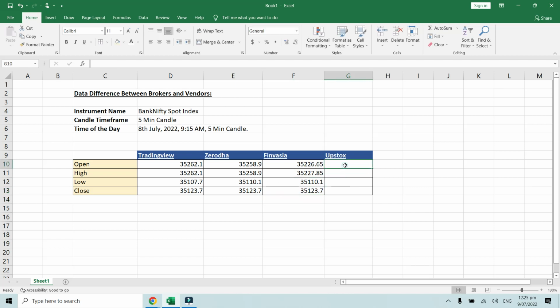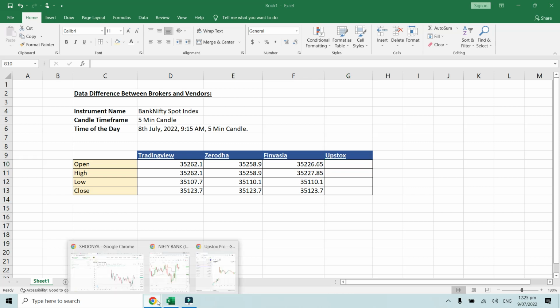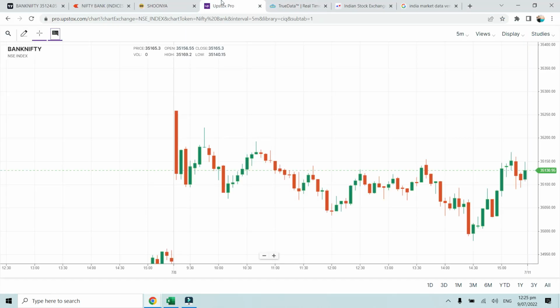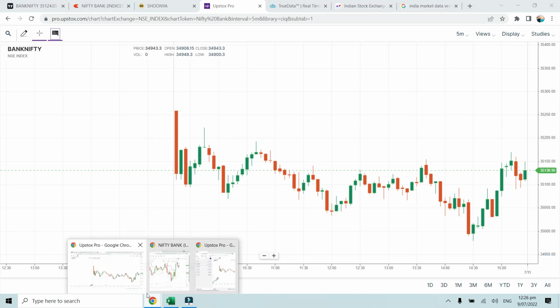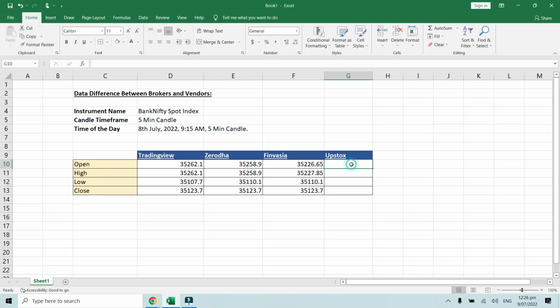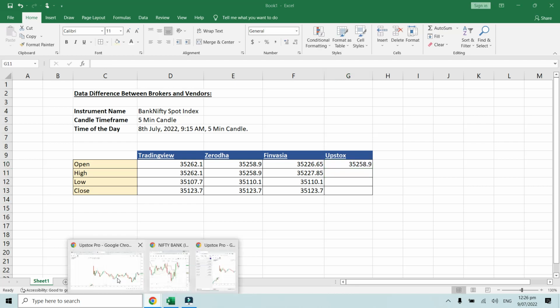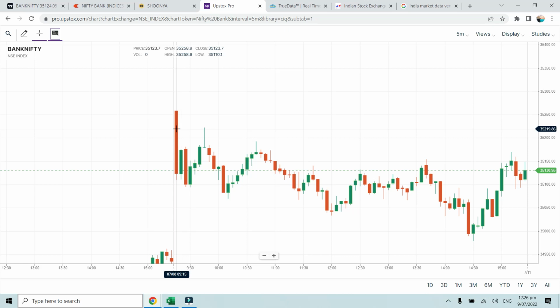All right, and now let's move to Upstocks. Over here, this is the Upstocks Pro chart, and we will see the 8th of July 9:15 candle open, high, low values, which will be visible over here. The open for Upstocks is 35,258.9. High is 35,258.9, same value.